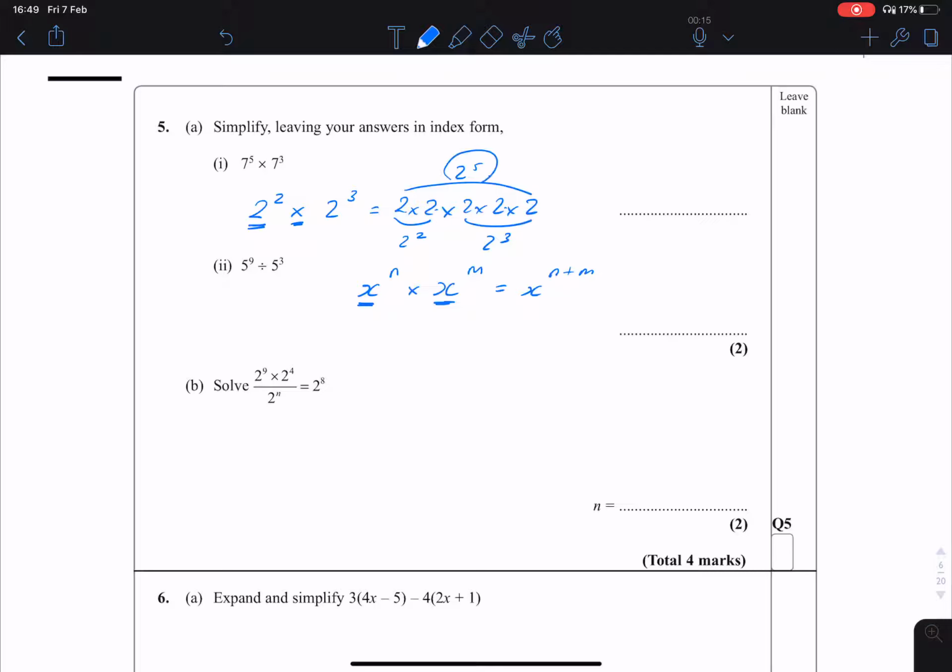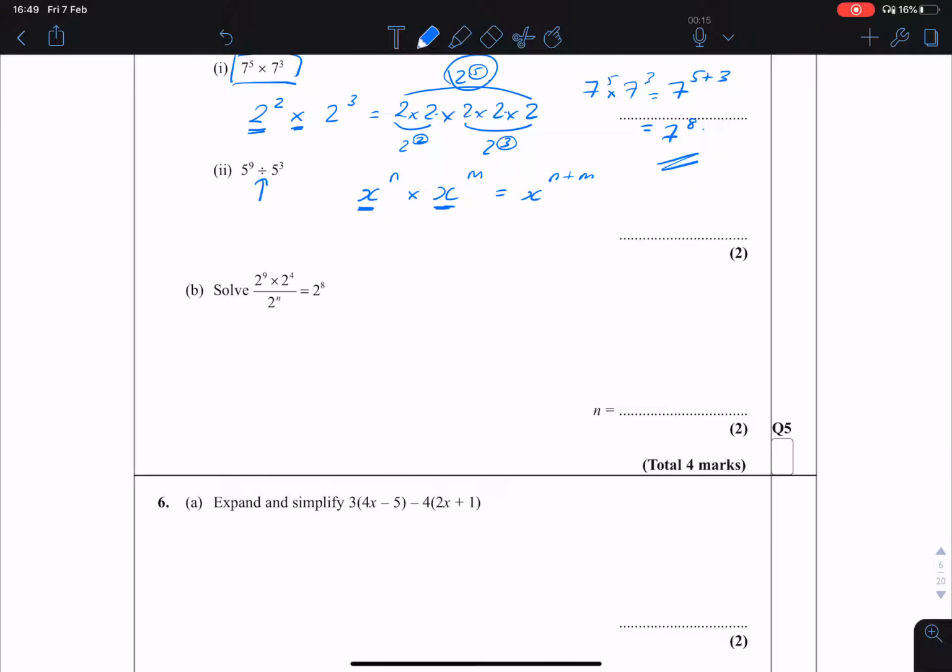And we can see that in that example there, where you got 5 being 2 plus 3. So here we've got 7 to the 5 times 7 to the 3. So 7 to the 5 times 7 to the 3 is 7 to the 5 plus 3, which is 7 to the power of 8.